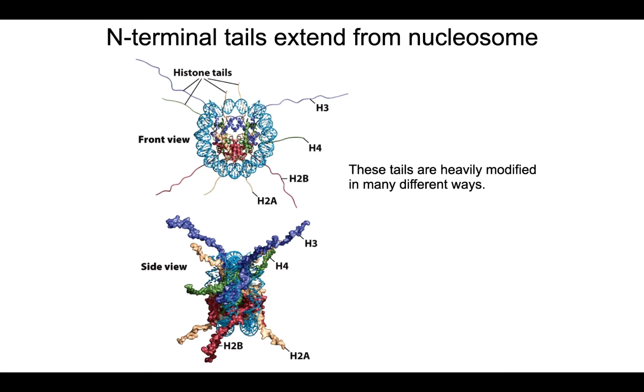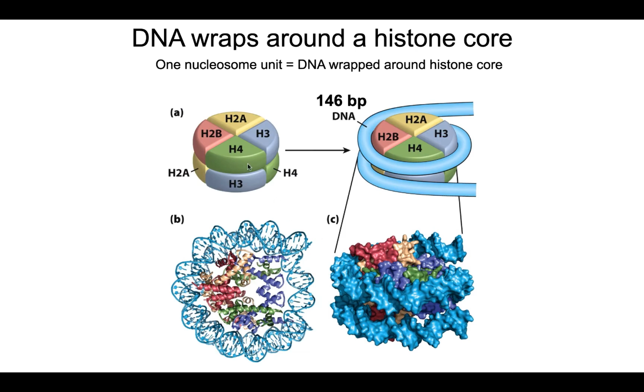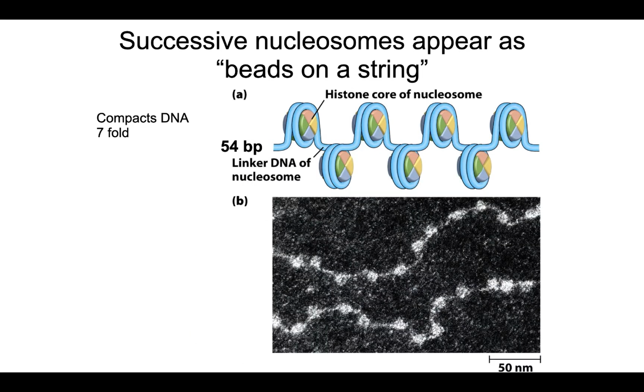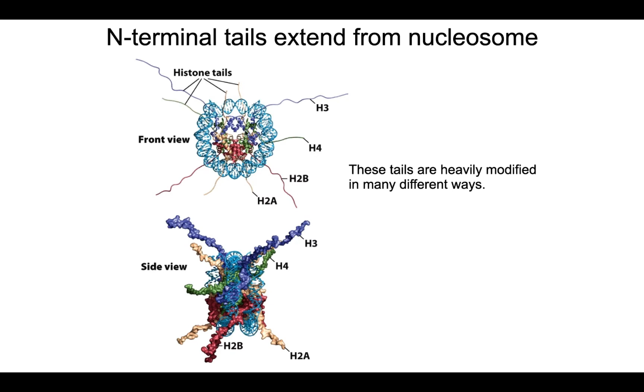Now, one thing that these previous images did not give you a feel for is that each one of these 4 histone proteins is rather compact, but they all have an N-terminal tail. A certain number of amino acids that are not involved in a beta-pleated sheet or an alpha helix are structureless. And so they just extend out of the nucleosome, free floating. So these are the N-terminal tails of the various histones.